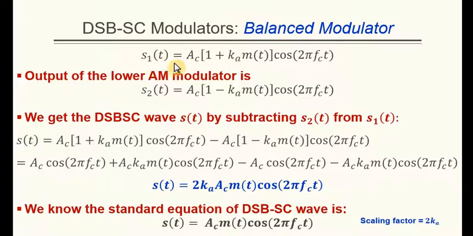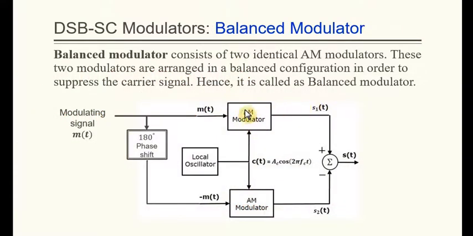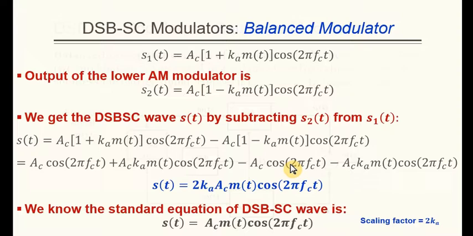This S1 of t is the signal from the upper channel because, as we said, this is a standard AM modulator that we have studied earlier. So we have AM modulators here and here as well. The standard equation for the AM wave is given by Ac 1 plus ka m of t cosine 2 pi fct. This is the standard formula for the AM wave.